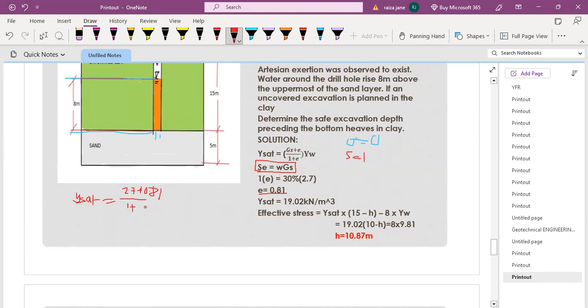Over 1 plus 0.81 also here. So, let's compute it first.